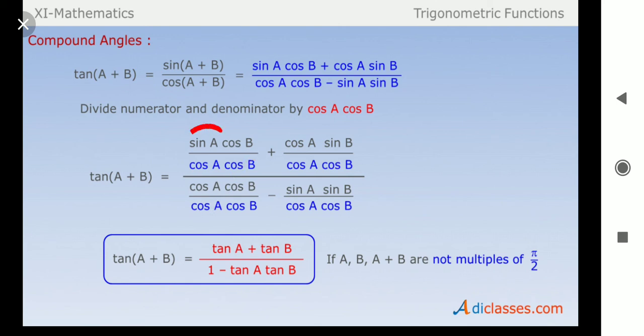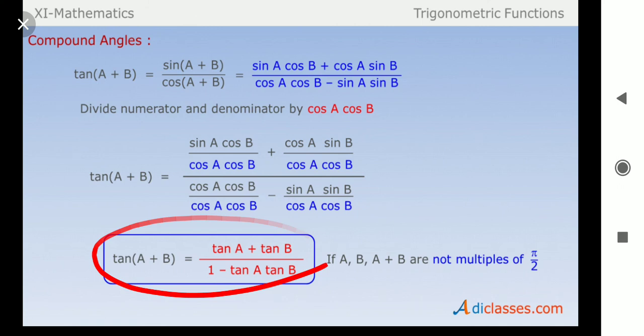So this one will be tan A, and here cos A cancels, so this one will be tan B. Here everything is cancelled, so there will be 1, and this one can't be cancelled: sin A by cos A is tan A, and sin B by cos B is tan B. This way we can prove tan(A+B).